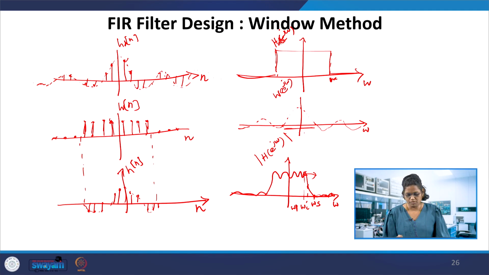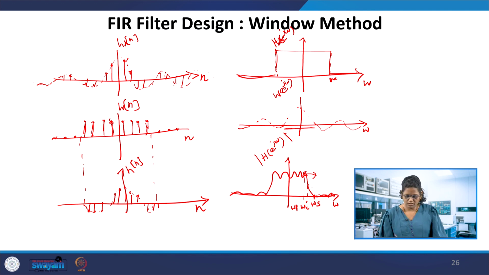If you have a larger main lobe width, the transition width will be more, and if it is less, the transition width will be less. In the filter design, the cutoff should be sharper and sharper; the desirable one is a lesser and lesser transition width.